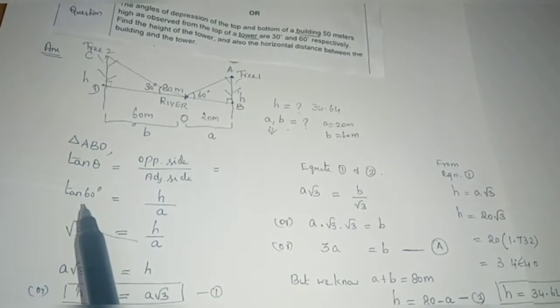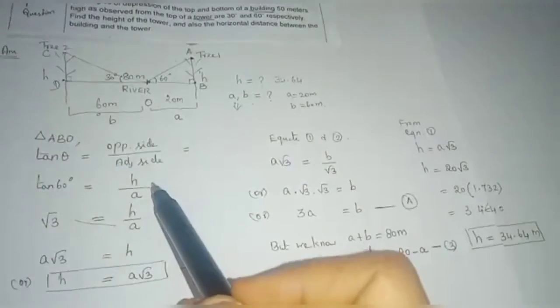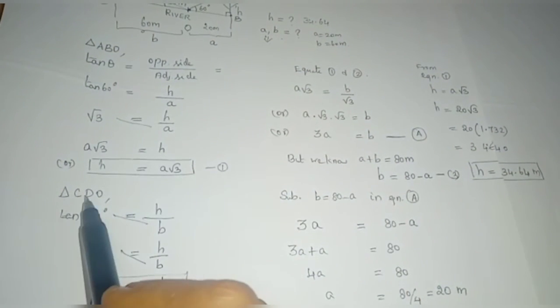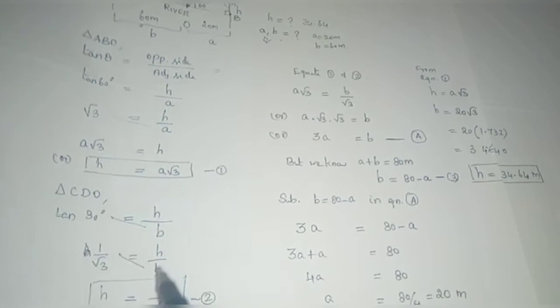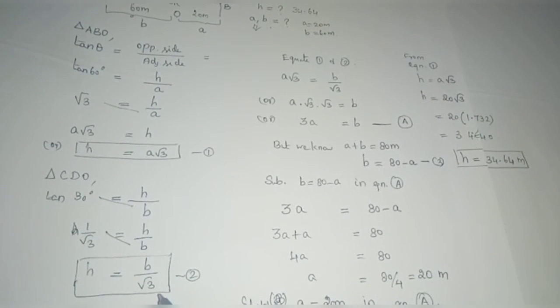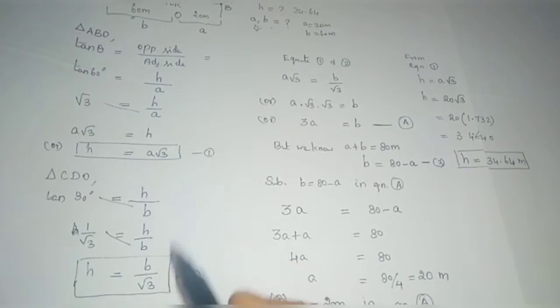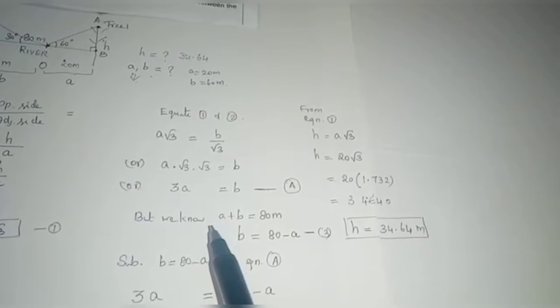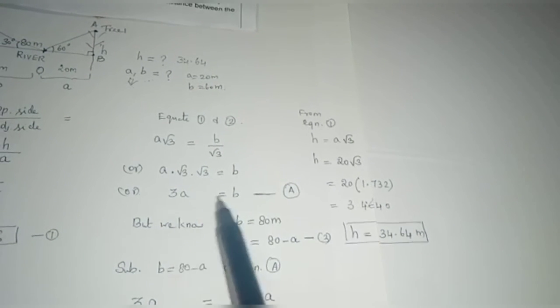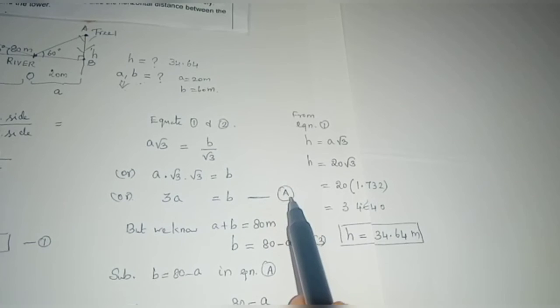We found tan 60, and we got equation 1. And using triangle CDO, we found H in terms of b by root 3. You equate both 1 and 2. Then you will get 3a equal to b. You keep this as equation a.